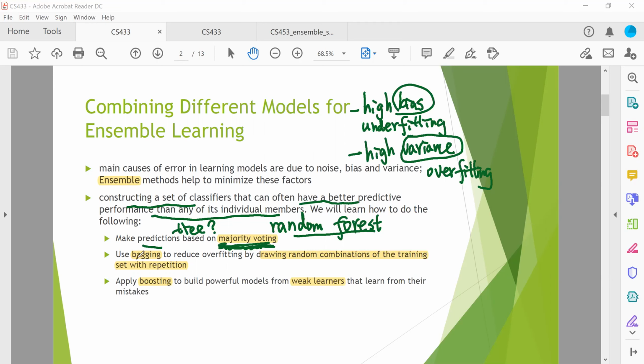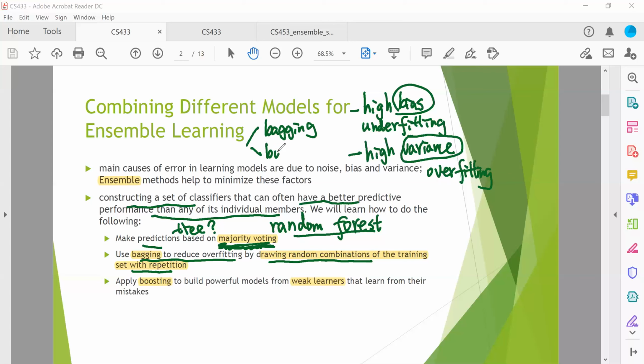Okay, and here it says we can use bagging, and later on we will see. Bagging is to reduce overfitting by drawing random combinations of the training set with repetition. Generally speaking, we will learn two basic approaches. One is called bagging, a two-word abbreviation.